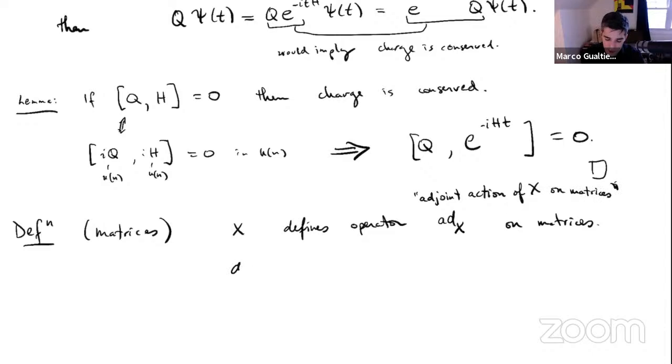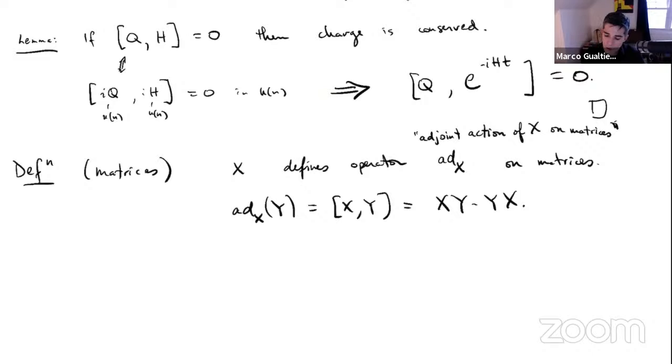Okay, and it's kind of silly. The adjoint action of x on y is exactly the bracket of x and y, which means the commutator, xy minus yx. So this is defined for any element of a Lie algebra.